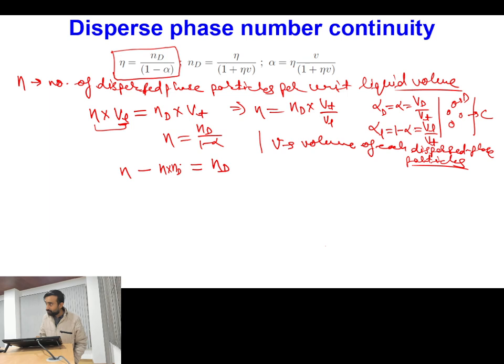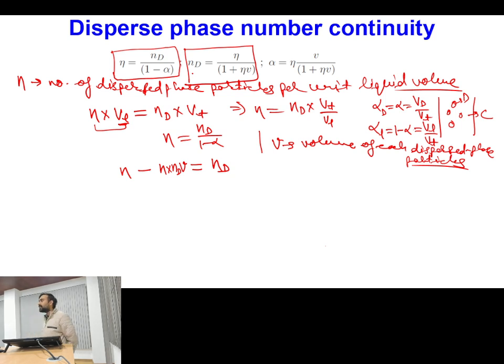Nd into V, because V is the volume of each particle and Nd is the number of dispersed phase particles in the total volume. So that's why Nd into V will act as the replacement for alpha, and then if you simplify this equation you will get Nd equal to eta by 1 plus eta times V.